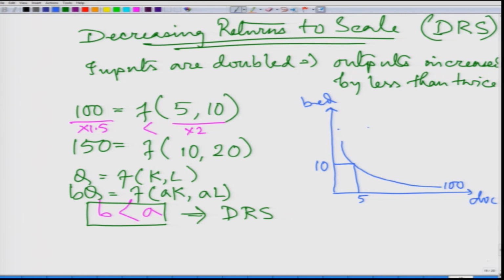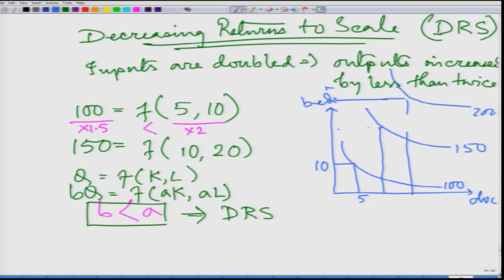But I see that I am actually getting this 150 with 10 doctors and 20 beds. With far more, maybe 15 doctors and 30 beds, I am at around say 200, but this 200 should be somewhere here. So the isoquants are moving away from each other.